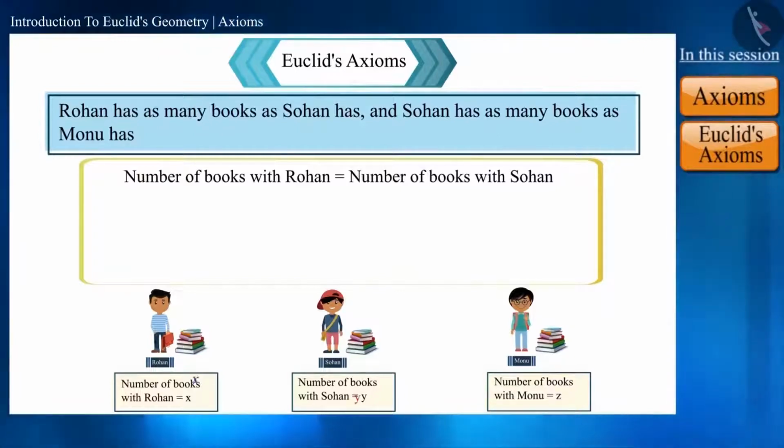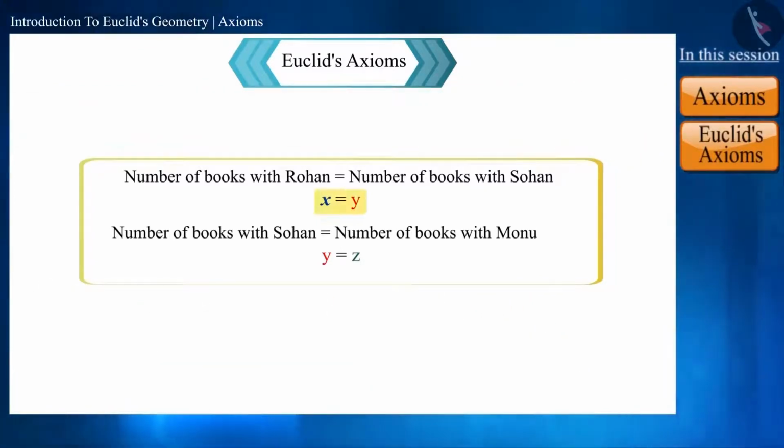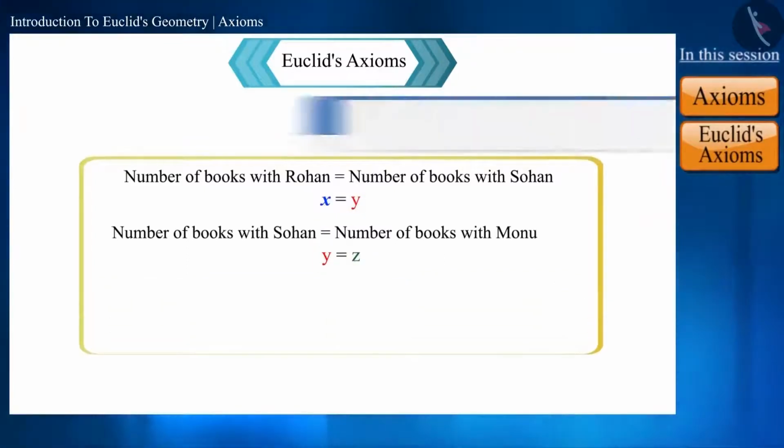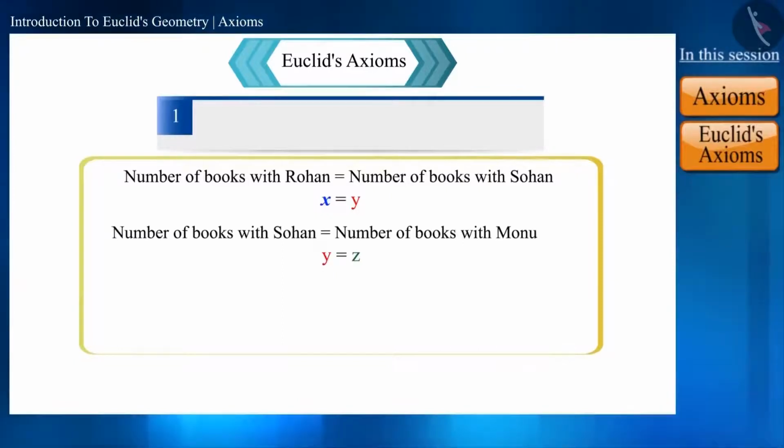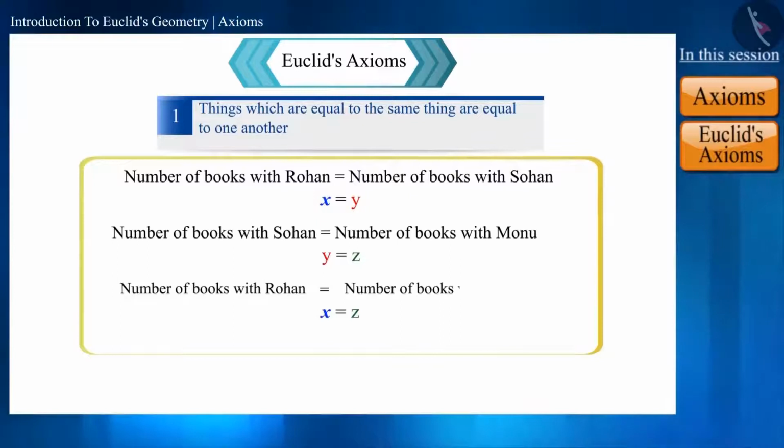That is, we can say that X is equal to Y. And given that Sohan has the same number of books as Monu, that is, Y is equal to Z. Note here that X is equal to Y and Z is also equal to Y. Friends, according to Euclid's first axiom, things which are equal to the same thing are equal to one another. So here, X and Z will be equal. That is, we can say that Rohan has as many books as Monu.